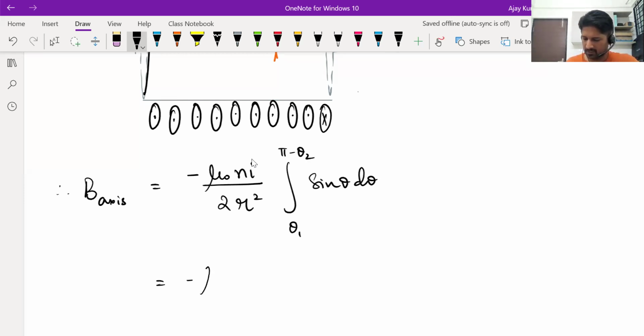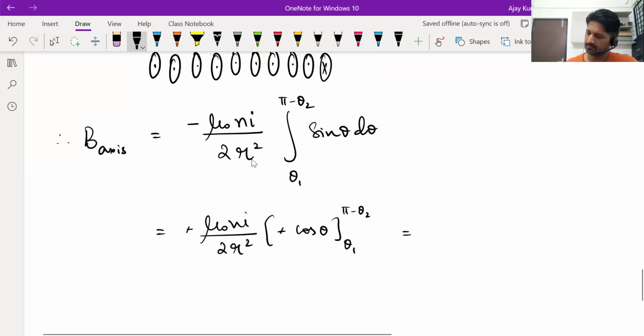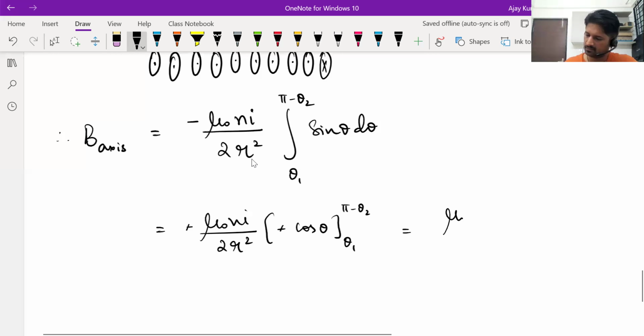So minus mu naught n I by 2 r square. The integral of sine theta we know is minus cos theta. Minus signs cancel. We still did not substitute the limits. Wait, integral of sine theta is cos theta or minus cos theta? Minus cos.